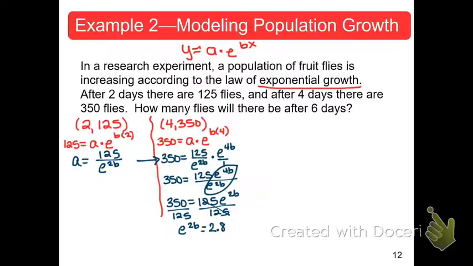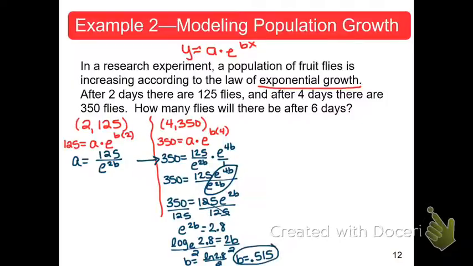Log base e of 2.8 equals 2b, and then I need to divide by 2. So b is equal to the natural log of 2.8, all divided by 2. Working that out, we get b is approximately 0.515.